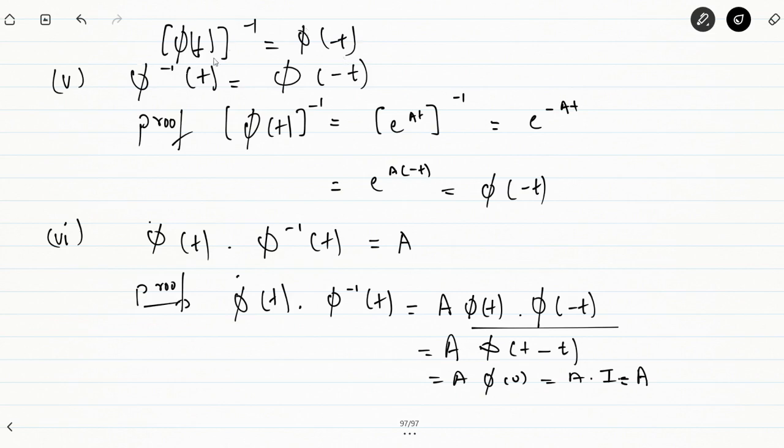Then basically the inverse of the state transition matrix is equal to simply phi at minus t, rather than having plus t values. The values of phi t at negative time values will give us the value of phi inverse of t. This is the state transition matrix. State transition matrix phi of t is a matrix exponential function. Phi of t is equal to e raised power at, and it has various properties. These are actually the properties of any exponential function.